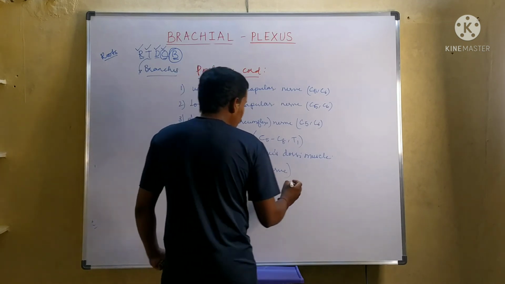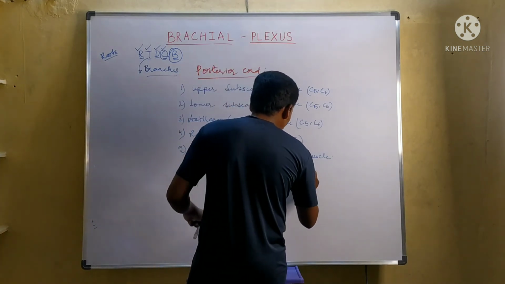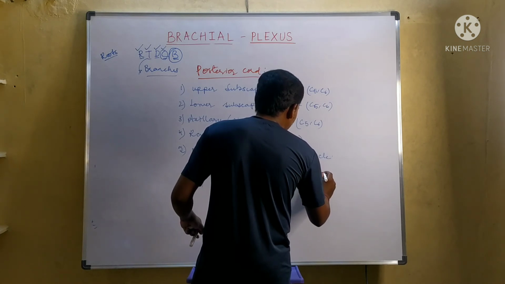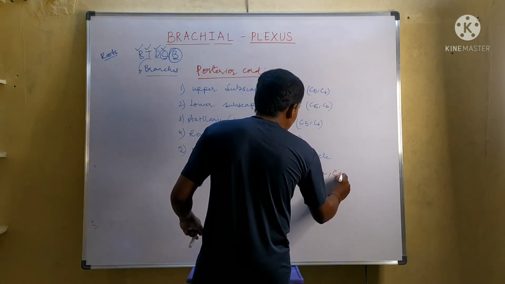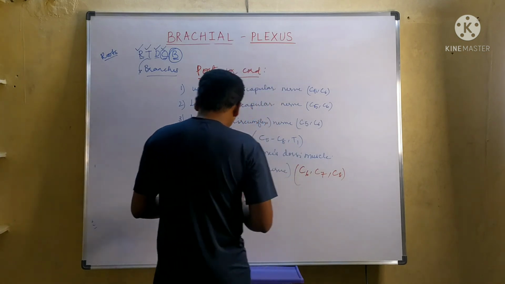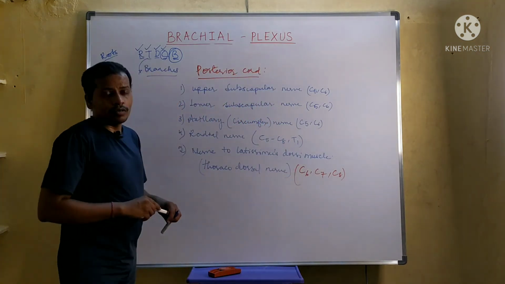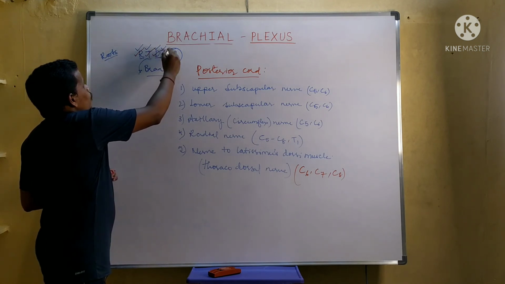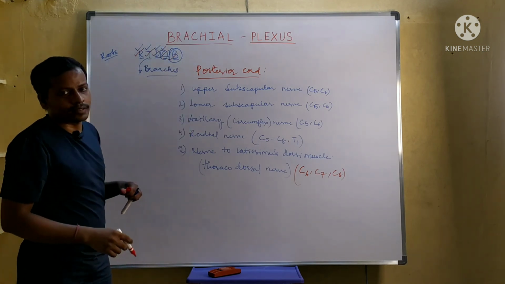The root value is C6, C7, C8. Okay, this is all about the roots, trunks, divisions, cords and the branches of the brachial plexus, guys.